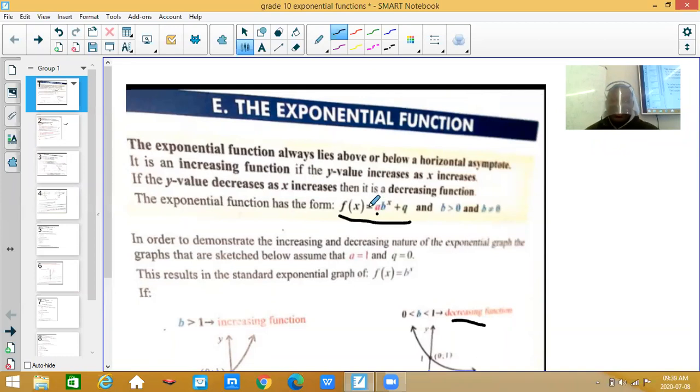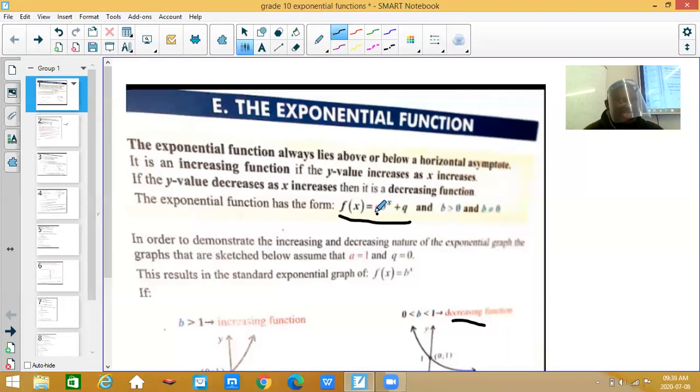We said it gives us whether it is a smiling graph or a sad graph. When we looked into the hyperbola, we also had this a, and this a gave us the shape. Is it in the first and the third quadrant, or second and fourth quadrant?